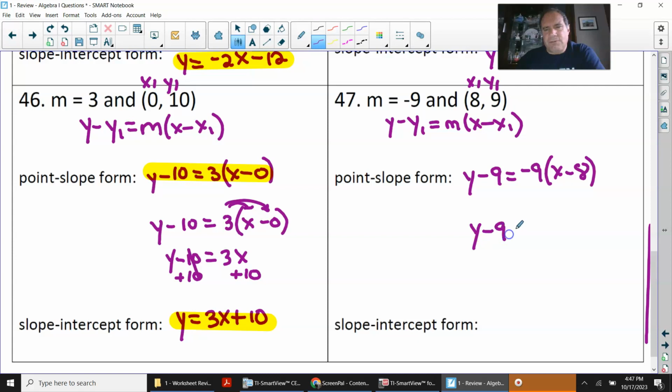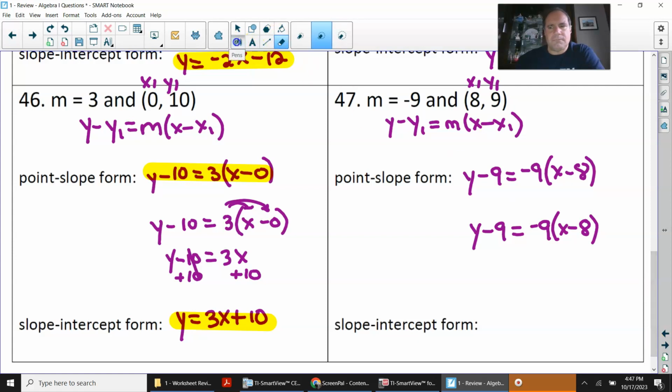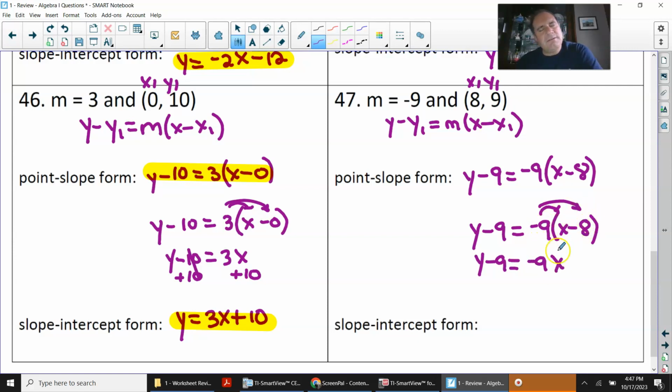We have to solve it for y to get to slope-intercept form. So I'm going to just rewrite it, and I'm going to distribute. So it's y minus 9 equals negative 9x. Negative 9 times negative 8 is positive 72. Careful, negative times a negative.